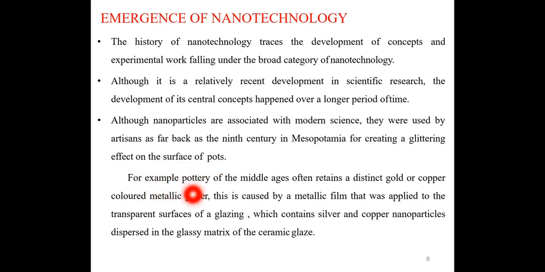Okay, for example, pottery of the Middle Ages often retains a distinct gold or copper colored metallic glitter, and this is caused by a metallic film that was applied to the transparent surfaces of glazing, which contains silver and copper nanoparticles dispersed in the glassy matrix of the ceramic glaze.